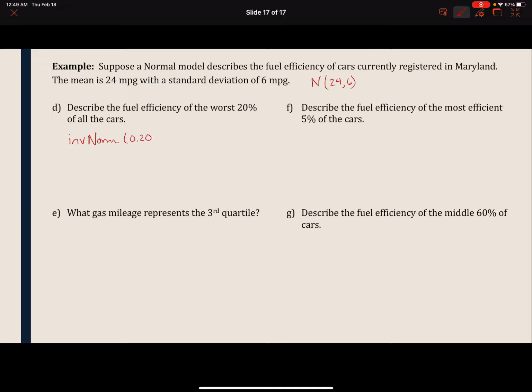And I know I'm using InvNorm because it's giving me a percent, and I'm looking for the value. So lower 20%, mean is 24, standard deviation of 6, and we're doing left. If you have the older calculator, you don't have to write left. And when you put this in, you will get 18.95. And remember that that is not a percent. That's a data value or a projected data value. So this is in miles per gallon.